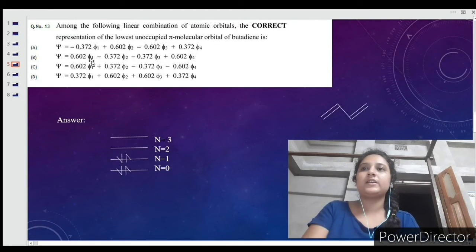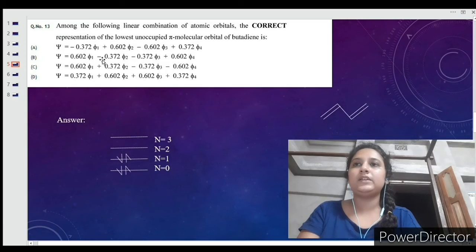Now what about option B? In option B, this is the plus sign. From phi 1 to phi 2 a sign change occurs one time. Then psi 2 to psi 3 no sign change, and from psi 3 to psi 4 a sign change occurs one time.